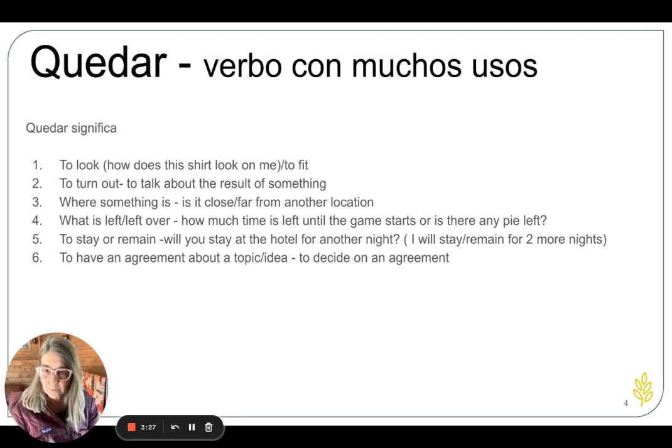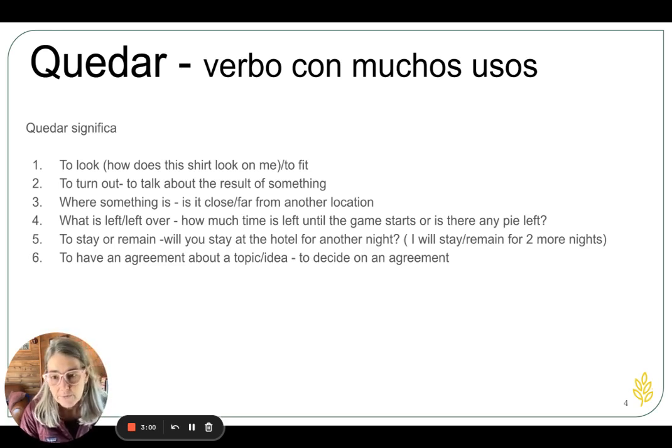There are many uses of this verb quedar, so it can be confusing. In this lesson, we're going to demystify some of that confusion. It also is used when something is left over. So there are leftovers of something. It is used to talk about location: where is something located in connection to another thing?